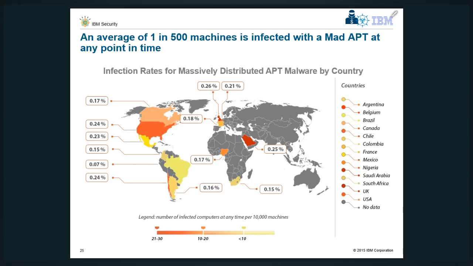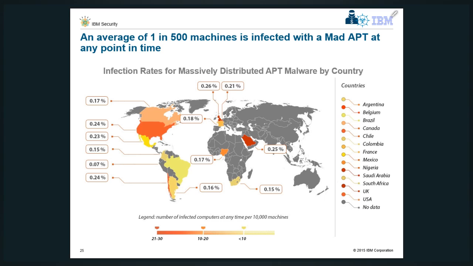When we look at how widely spread this malware is, whether it's Citadel, Zeus, or Dyre, there's all kinds of different malware out there that we're tracking. What we see is that about 1 in 500 machines is infected with one of these Mad APTs, as we're calling them, at any given point in time. You can see, based upon this map, who the big targets are.